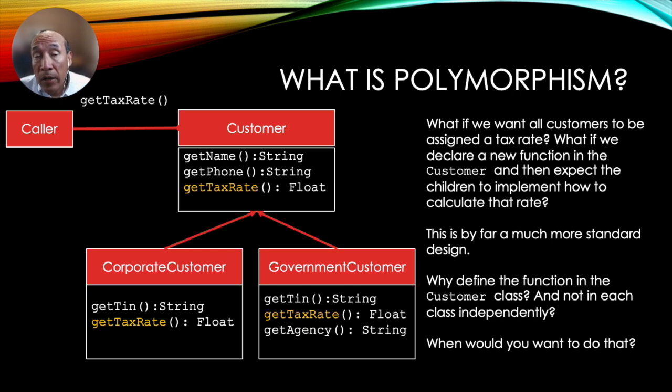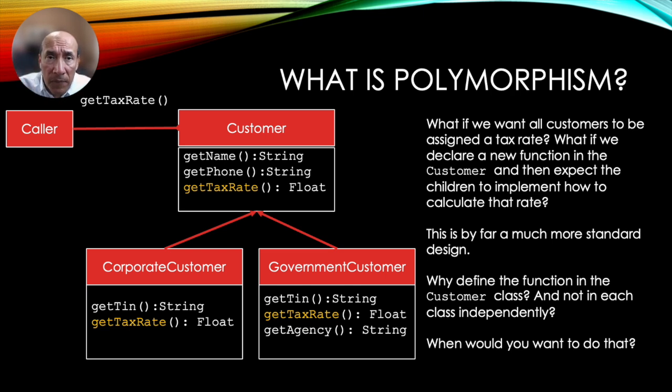You may have a better way to resolve this. You may say, well, couldn't I have another interface for corporate customers and government customers? Sure, we can have that discussion. But what I want to point out is that customers have tax rates by definition in our little design, in this little world. And if I have a collection of customers and I call get tax rate, I'm going to get a tax rate because I know a corporate customer is a customer, a government customer is a customer.